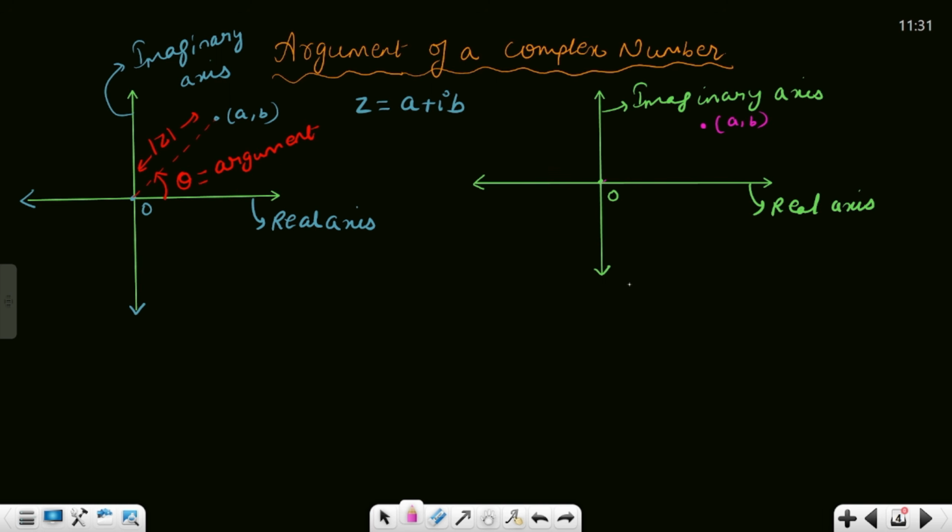And this is our modulus, or we can say length.